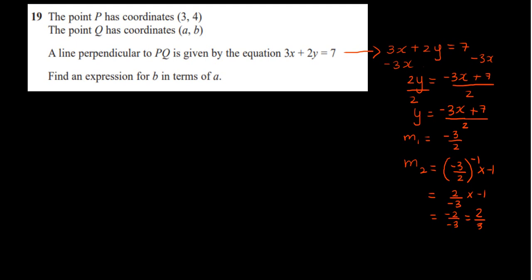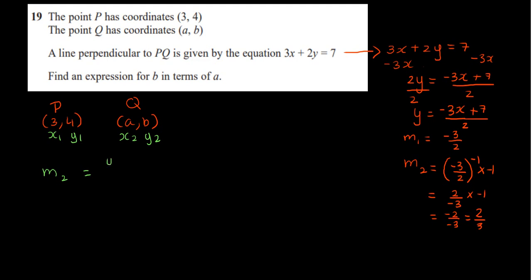So for PQ, I know that the gradient is 2 over 3. The coordinates of P are 3, 4, and the coordinates of Q are A and B. I'm going to call this x1, y1, and x2, y2. So in order to find the gradient, I'm going to call this gradient M2 because I'm dealing with the gradient of PQ.